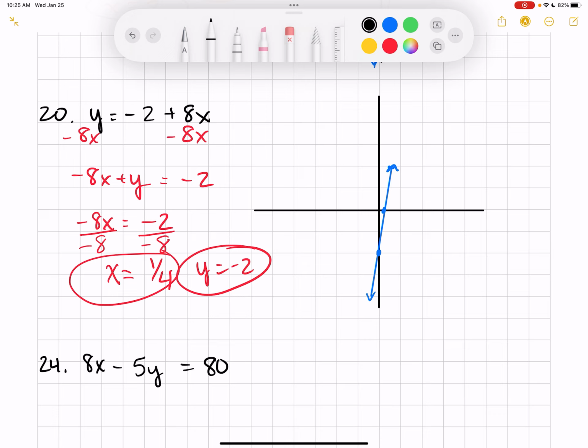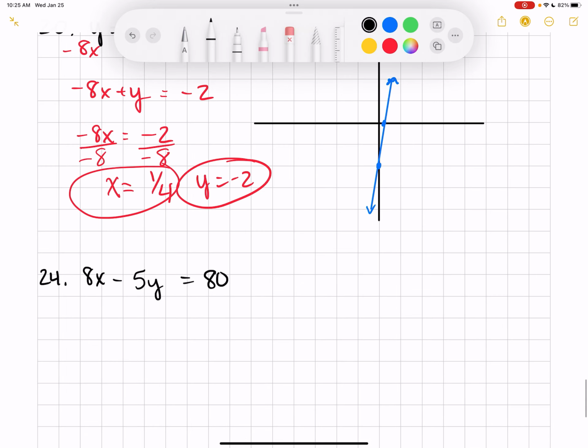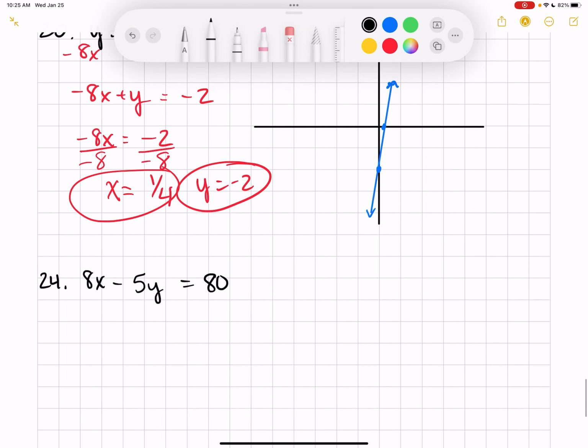But anyway, this one's already got everything on the same side, so how do I find my x-intercept for one like this? 8x equals 80. And then what? Divide by 8. 80 divided by 8 is 10. And then for y?